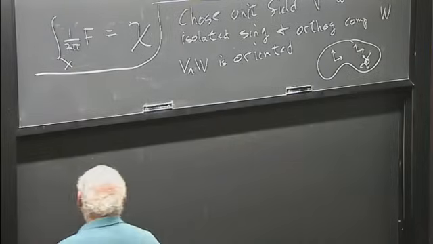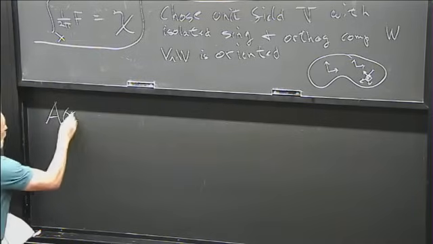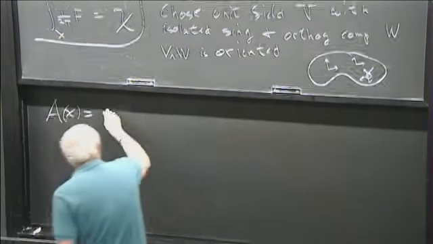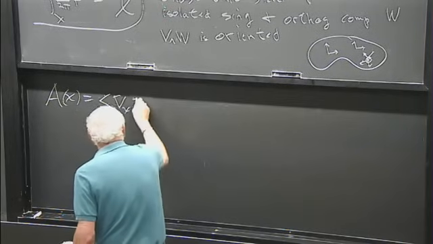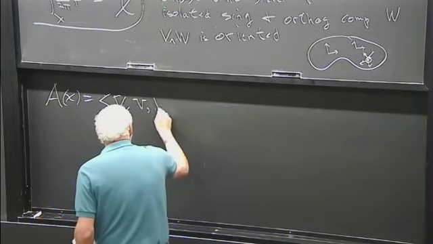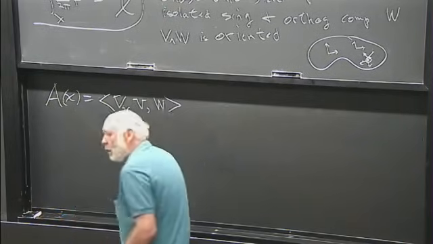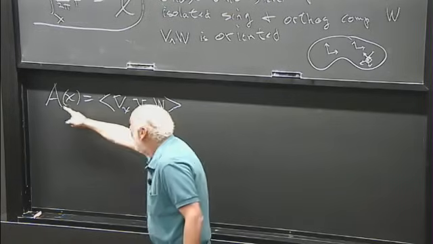Okay. So now let's look at a one form, A of X, which is just the covariant derivative in the X direction of the vector field V, and you dot that with W. So that's a connection kind of thing.